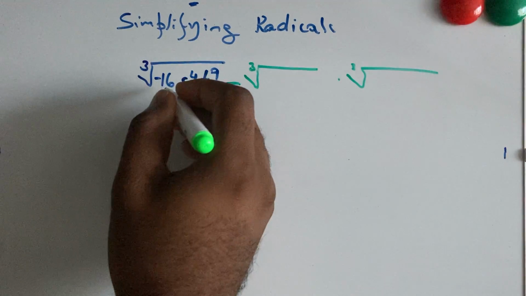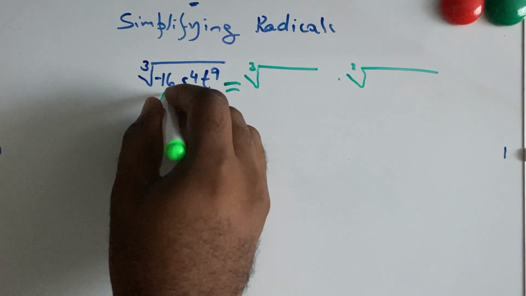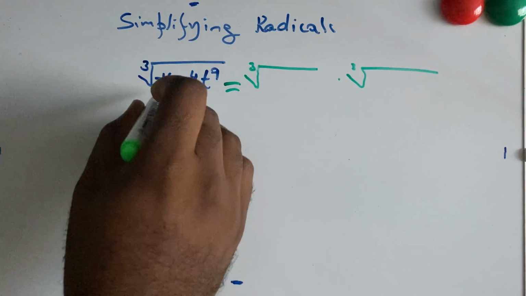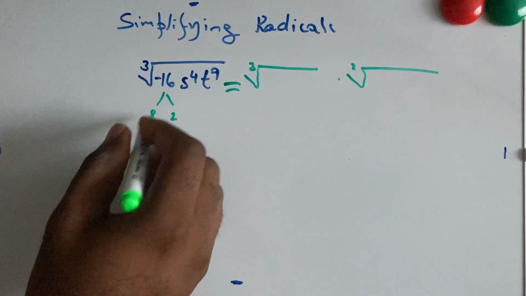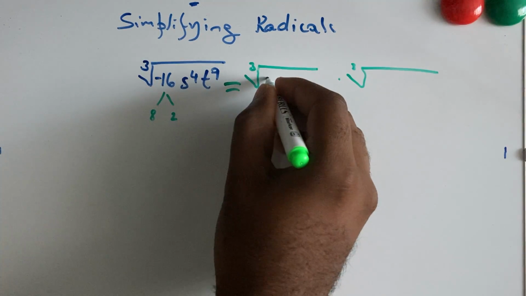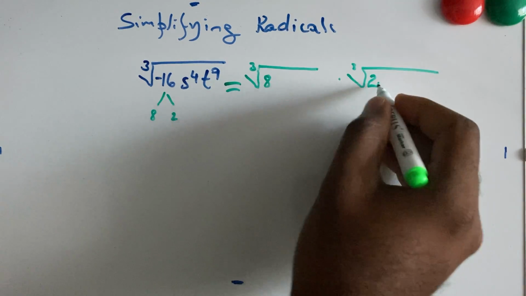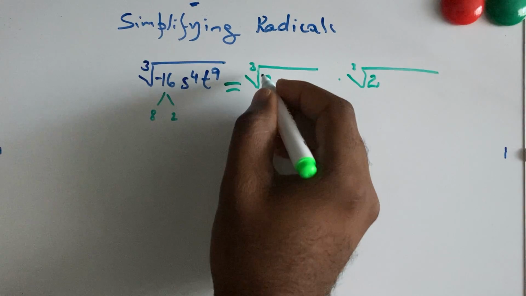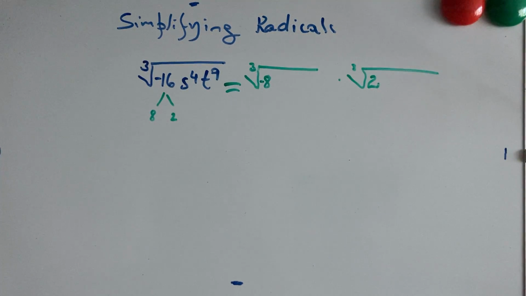But in 16, you know you can find a perfect cube as 8 and another number, which is 2, because 8 times 2 would give you 16, right? 8 is a perfect cube. So I can use 8 right here, and I'm going to put 2 over there, because 8 times 2 would still give me 16, right? So far, so good. It's fine to put your negative sign here because you know it's odd. So we're okay. We're good. It's good to go.